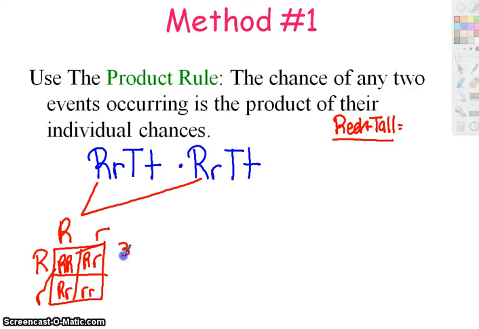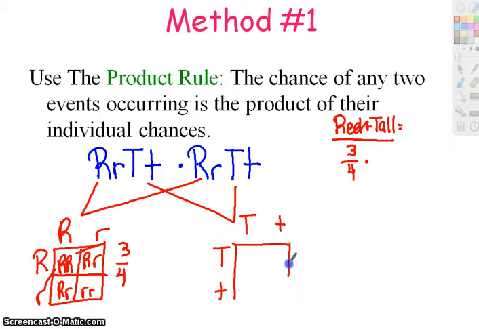Yes. So our chances of red are 3/4. And now we can do the same thing for our T's and get our chances of tall. It's going to look identical actually because we're still crossing big letter, little letter with big letter, little letter. So therefore our chances of being tall are also going to be 3/4.